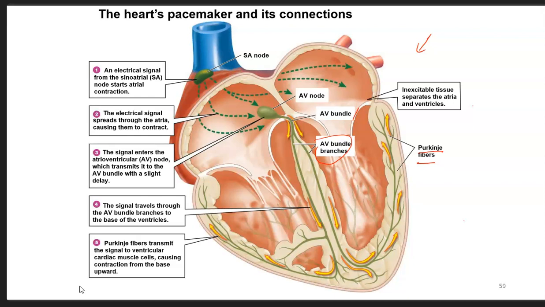So you have to know how the impulse travels from the SA node, known as the pacemaker, through the atrium wall, causing the atrium to contract, pushing the blood into the ventricle.